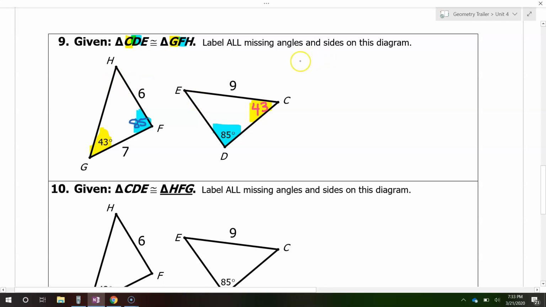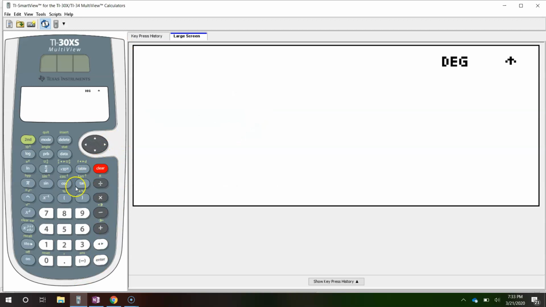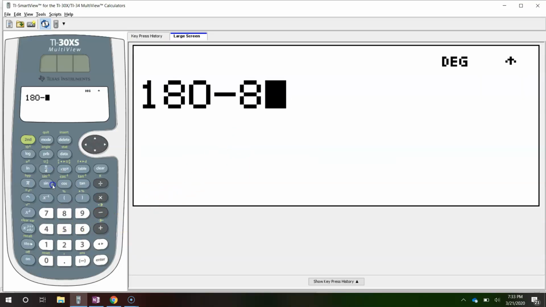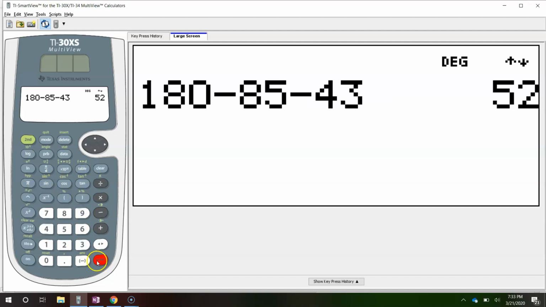But what are they? Well, we have two angles in a triangle, so we should be able to find the third by subtracting from 180. If I start with 180 and subtract the two angles we already have, minus 85 minus 43, that's 52.